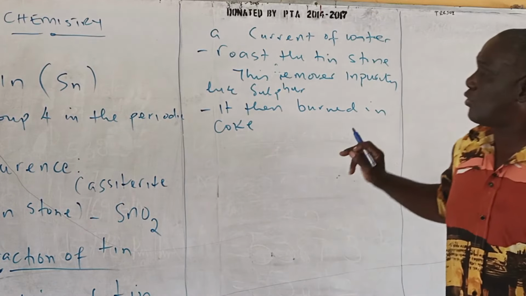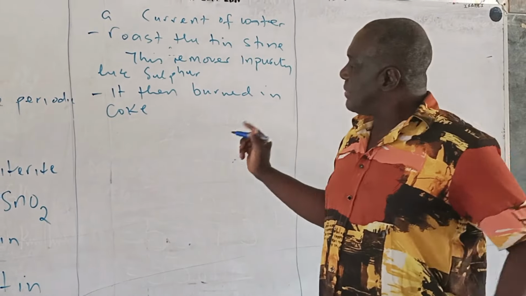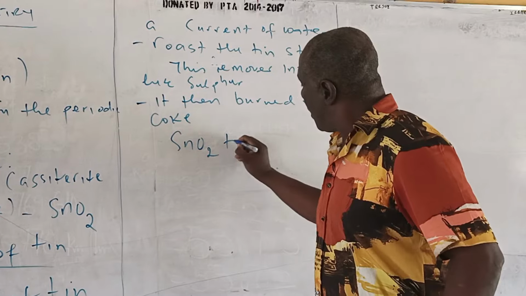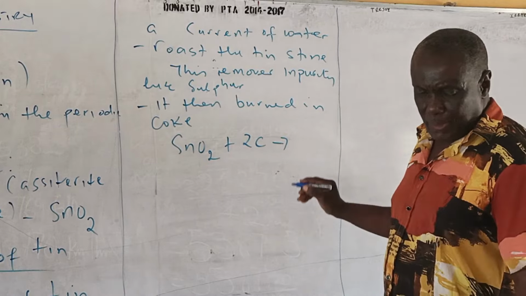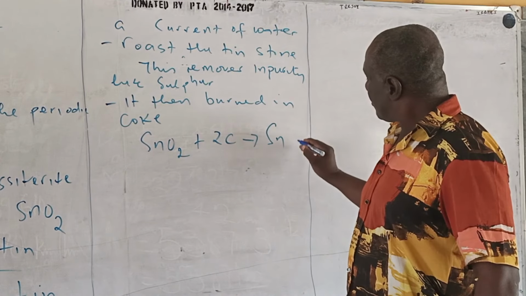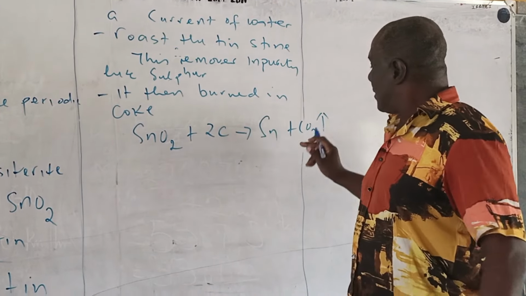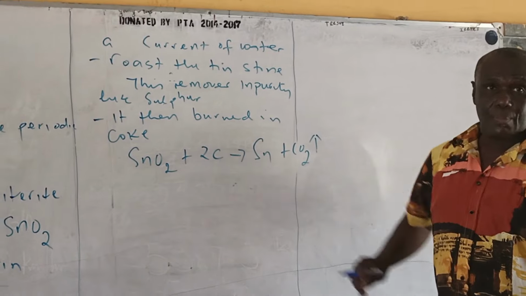The burning of tin stone in coke produces tin. So we have SnO2 plus 2C to give us tin plus carbon dioxide. Now the carbon dioxide removes carbon. Is that okay?